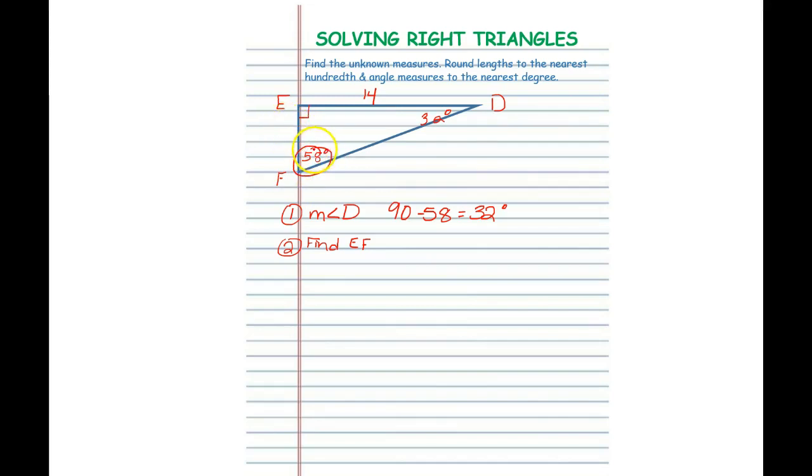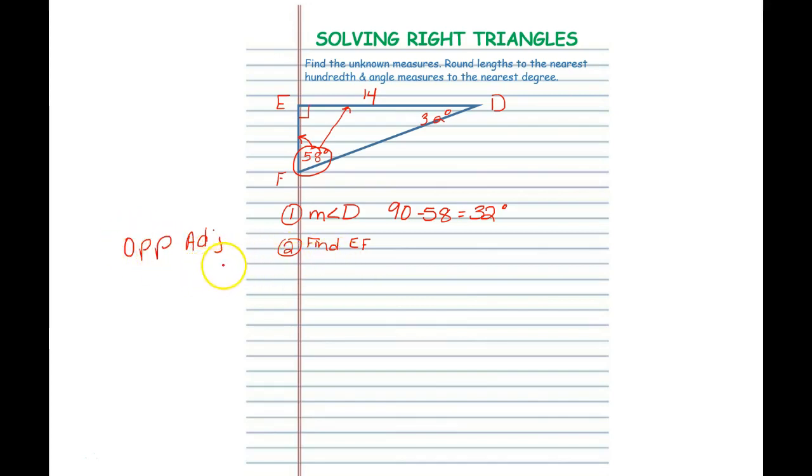If I find EF, I'm looking for the adjacent, and I'm given the opposite. The adjacent and the opposite.